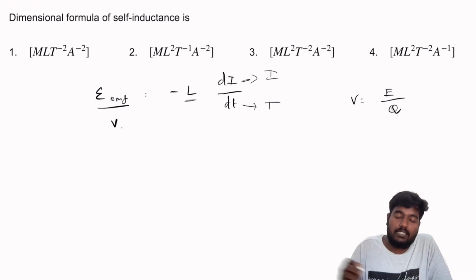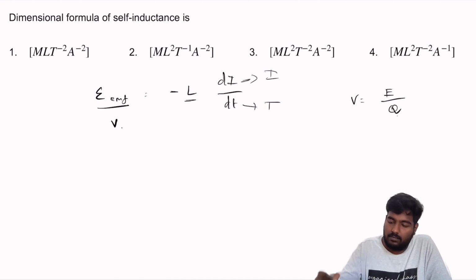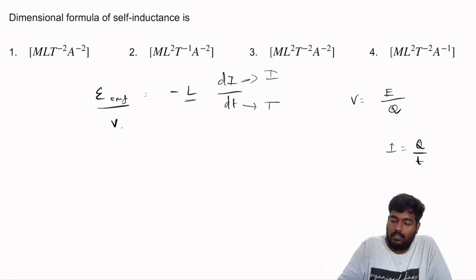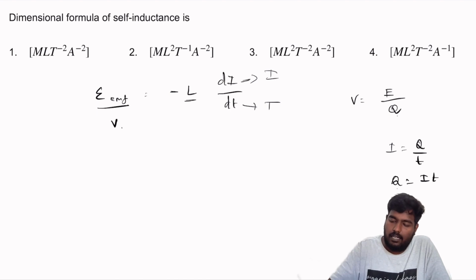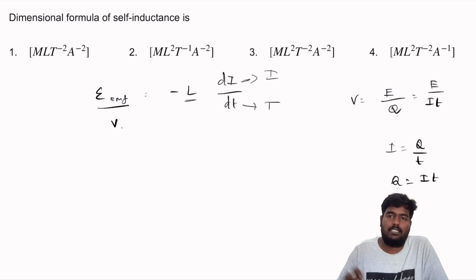Charge doesn't have a basic dimension, so you use current is charge by time, so charge is current into time. So you replace the energy by current into time. This is how you get voltage.